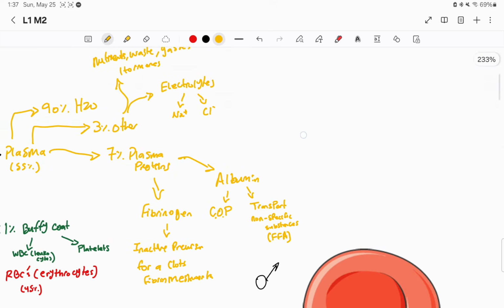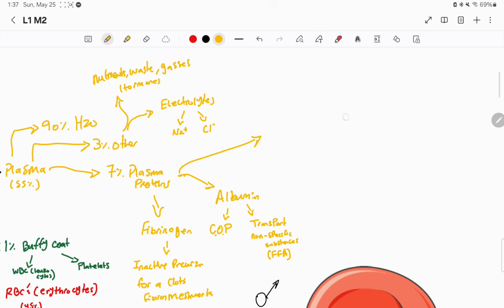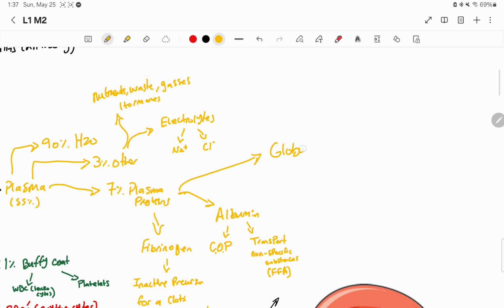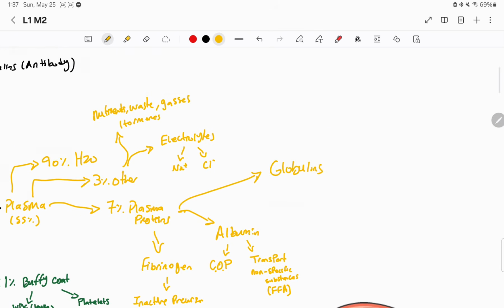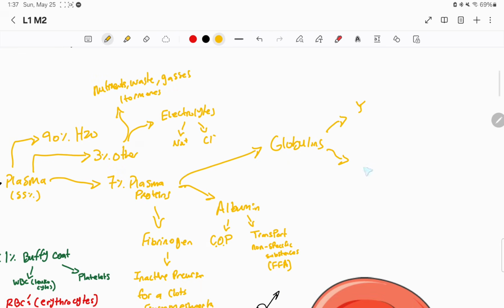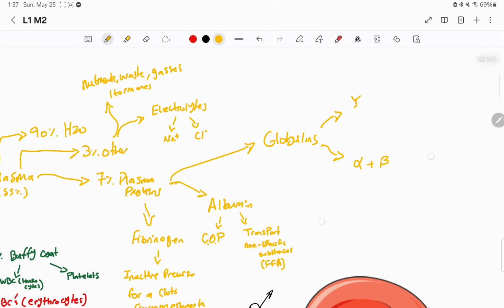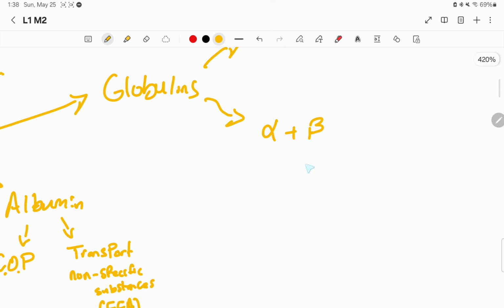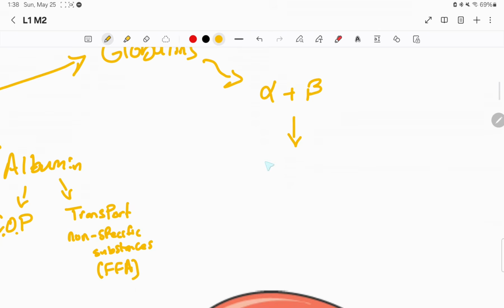The other classification of plasma proteins is the globulins. The globulins themselves can be characterized into 2 portions. One is the gamma globulin, and the other one is the alpha and beta globulins. I apologize, my Greek letters are not very nice. But the alpha and beta globulins, as opposed to albumin, transport very specific substances.